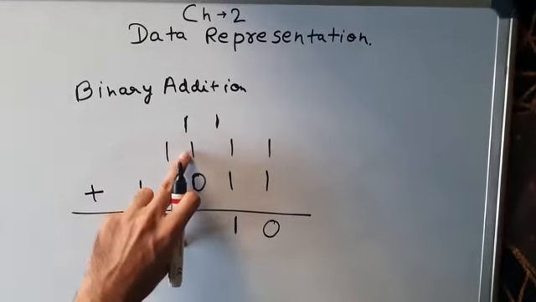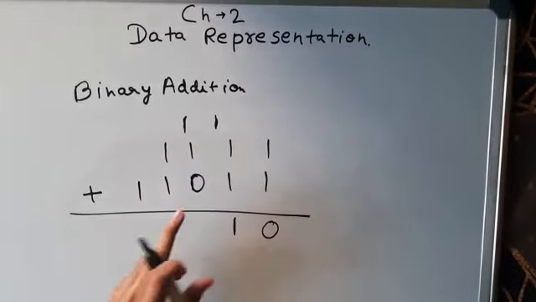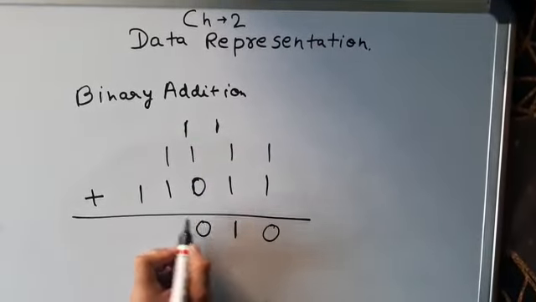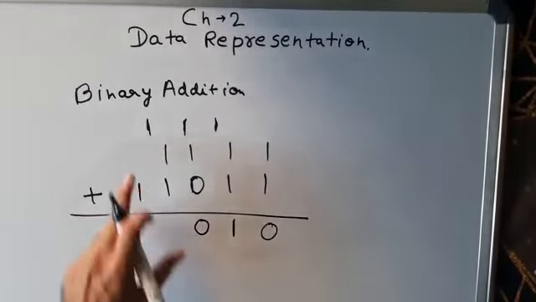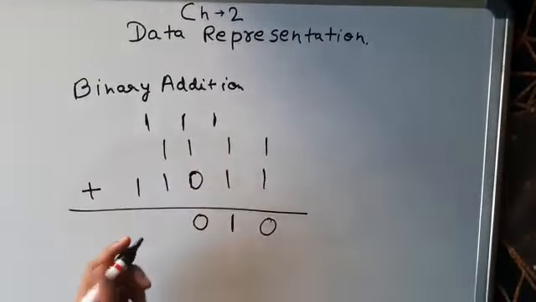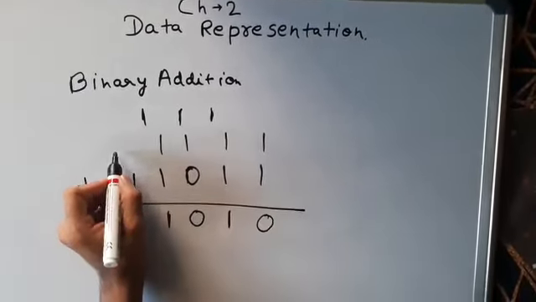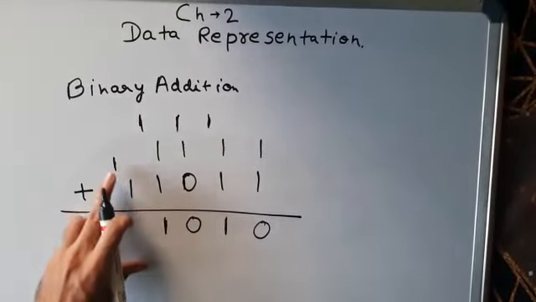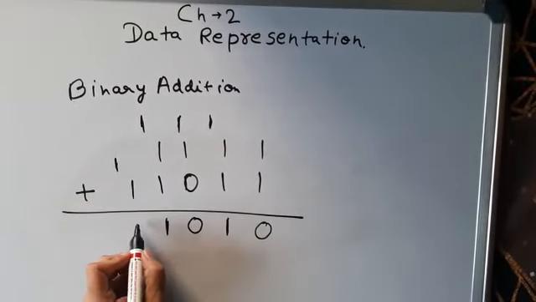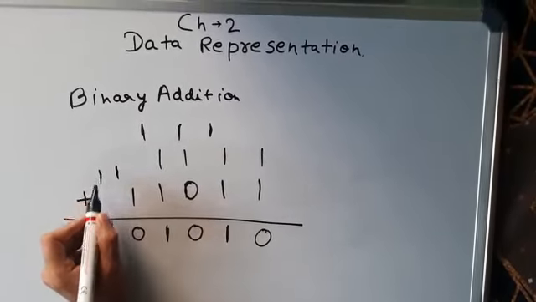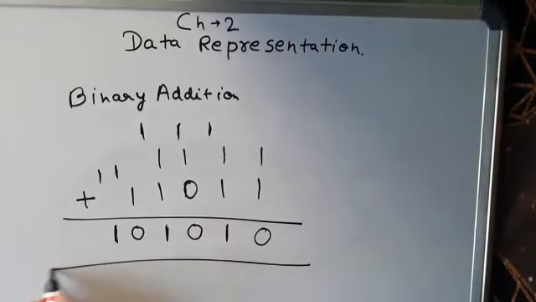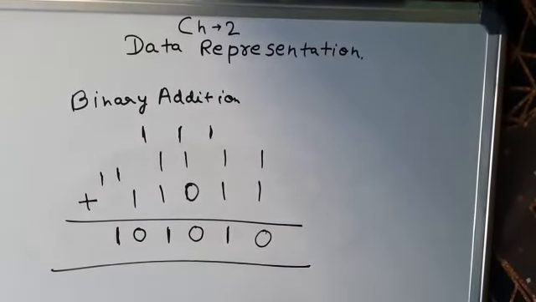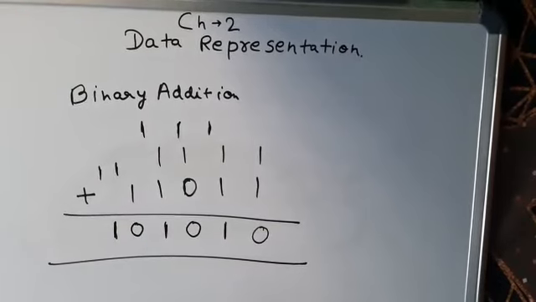Now 1 plus 1 plus 0, the answer will be 0 and carry is 1. 1 plus 1 plus 1, again the answer is 1 and carry is also 1. 1 plus 1, the answer will be 0, and the carry here is 1. This is the simple binary addition. Got it?